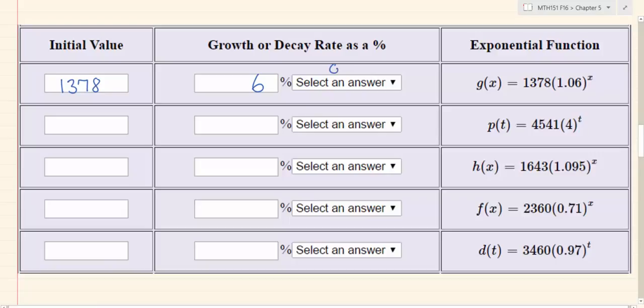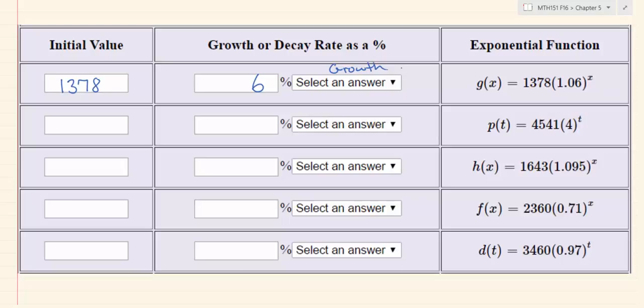And this is going to be growth. Put this into context. Let's say that you had a petri dish of bacteria, and that petri dish initially contained 1,378 bacteria. And every hour, your bacteria grew by 6%. What would your population be after 3 hours? You put a 3 in for x and it'll tell you. That's what this equation does.